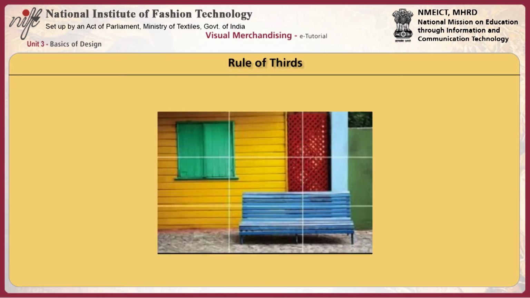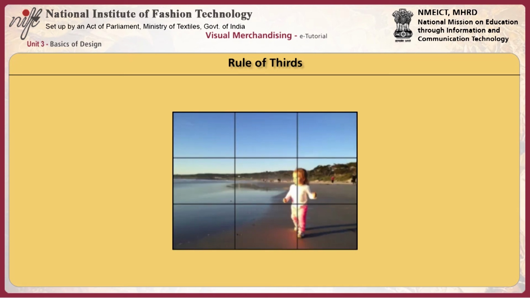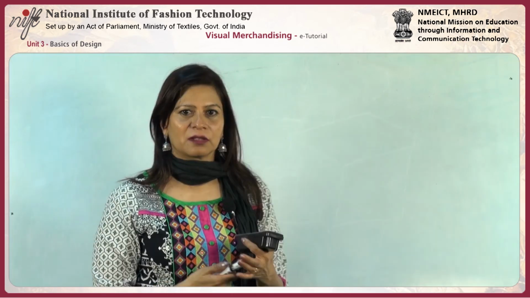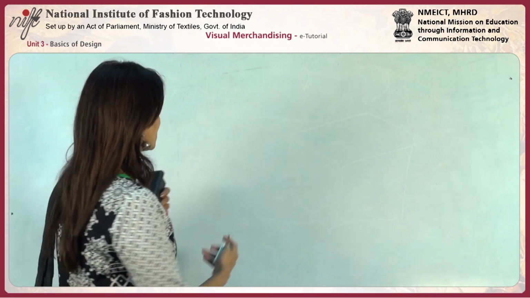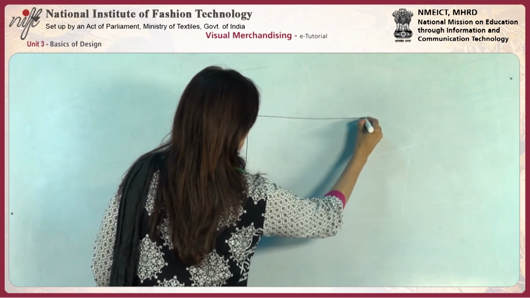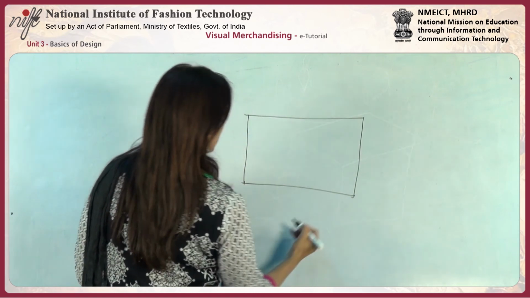The next and the last part of it is rule of thirds. It's one of the important factors when you are doing a window display. This picture is explaining rule of thirds. So, what is rule of thirds? Suppose this is my frame.